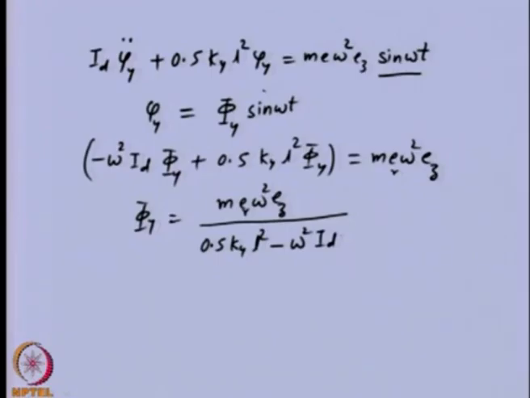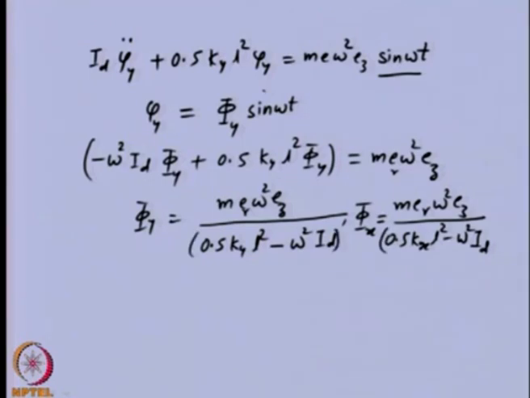So, on the same line we can write the amplitude in the other direction by just changing the subscript of the stiffness coefficient in x direction. I d is the diametral mass moment of inertia of the rotor.